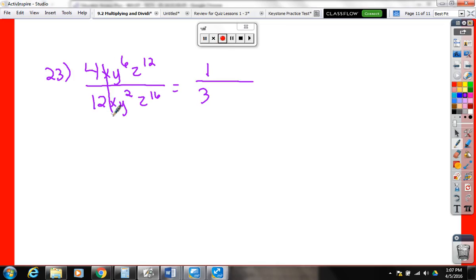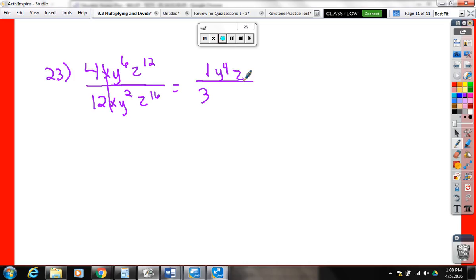We don't need to do anything with the x's. Okay, and then y to what power? For the z, you have an exponent of 12 and then 16.